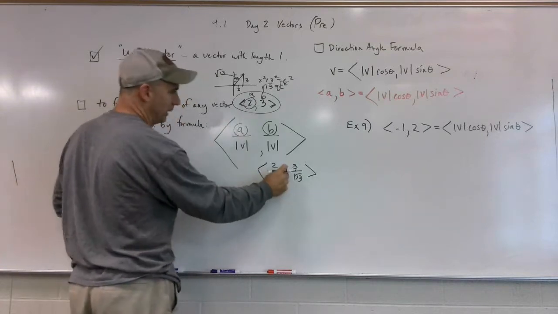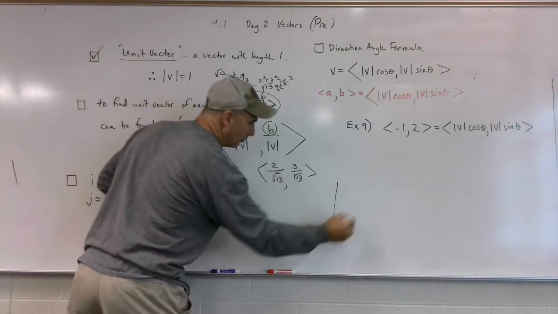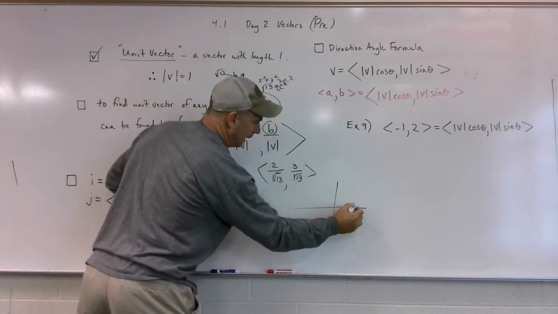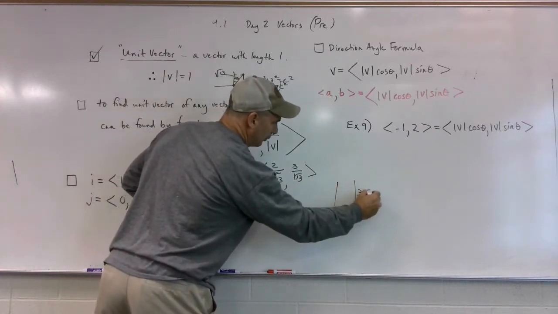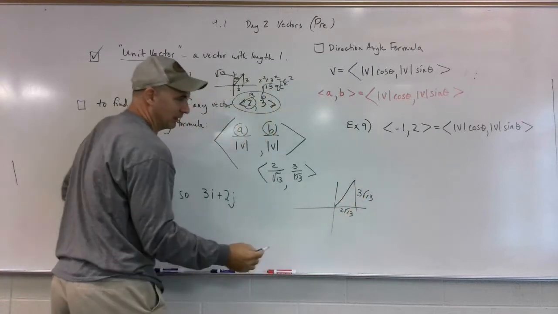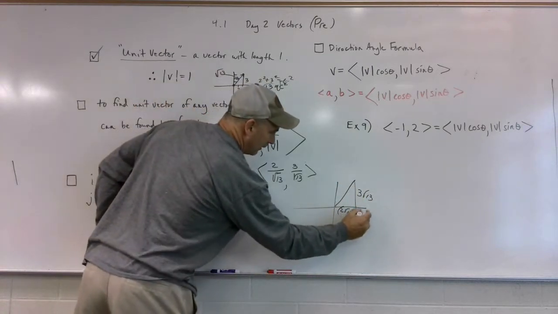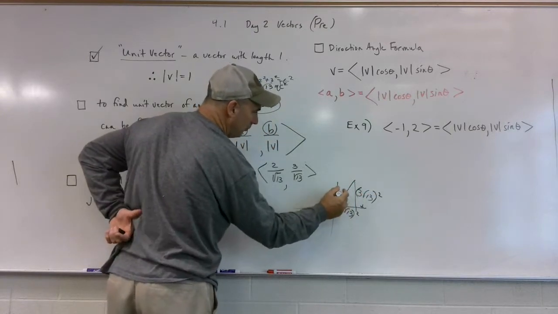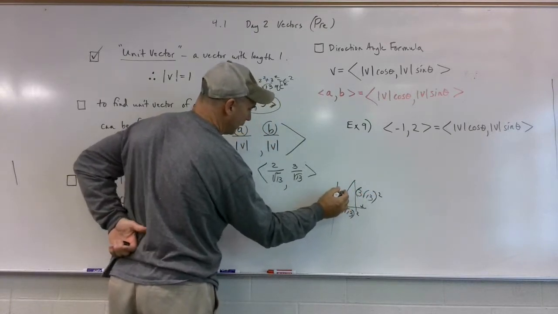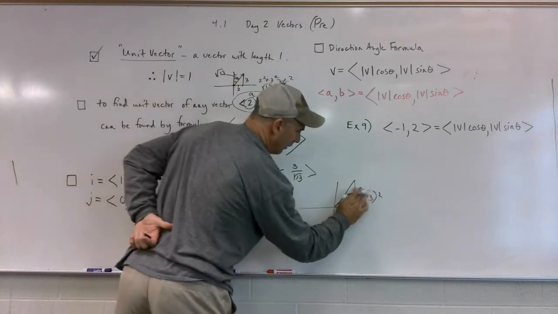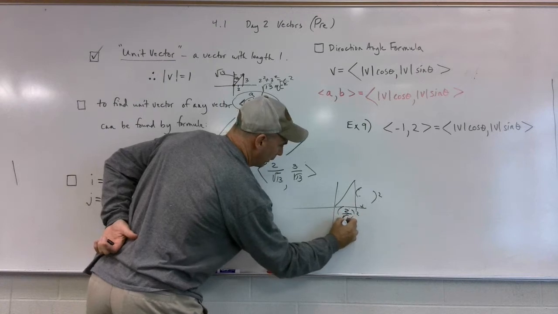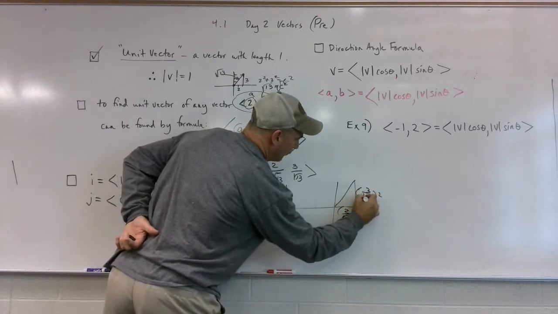Now, if you're like, well, wait a minute, prove that to me, I could do that quickly. I'm just going to go 2 over the square root of 13, and then 3 over the square root of 13, and we're going to use the Pythagorean theorem. So we're going to square this, add it to this square, and we're going to hopefully say that this equals 1. Oh, I messed up. Well, I'm glad I caught that. 2 over the square root of 13. 3 over the square root of 13.